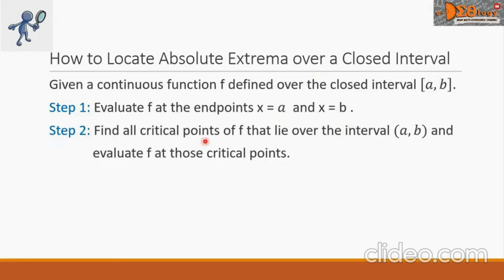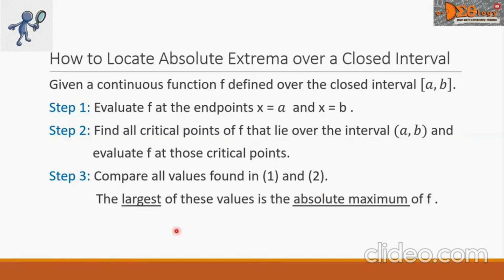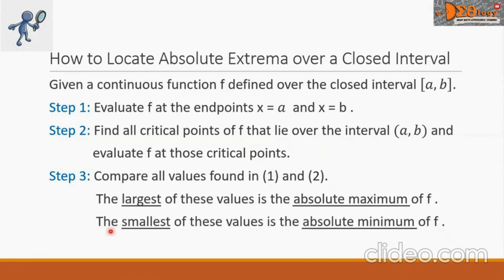Find all critical points of the function f that lie over the interval from a to b, and evaluate the function f at those critical points. Step 3. Compare all values found in steps 1 and 2. The largest of these values is the absolute maximum of f. The smallest of these values is the absolute minimum of f.